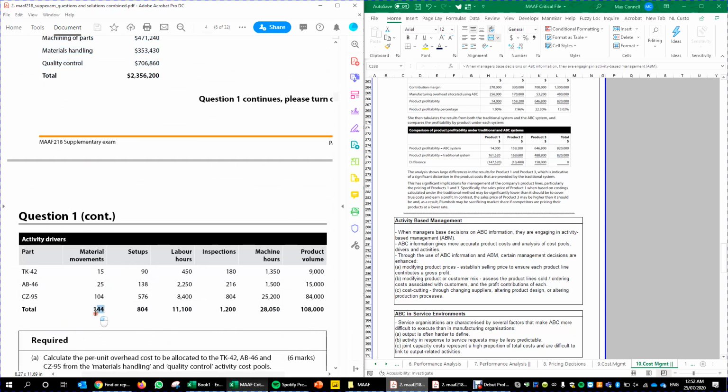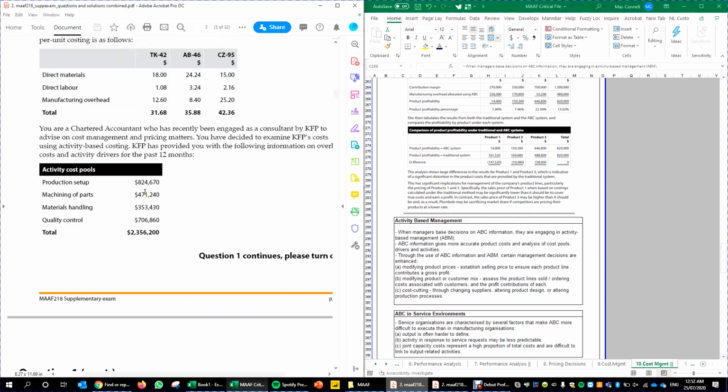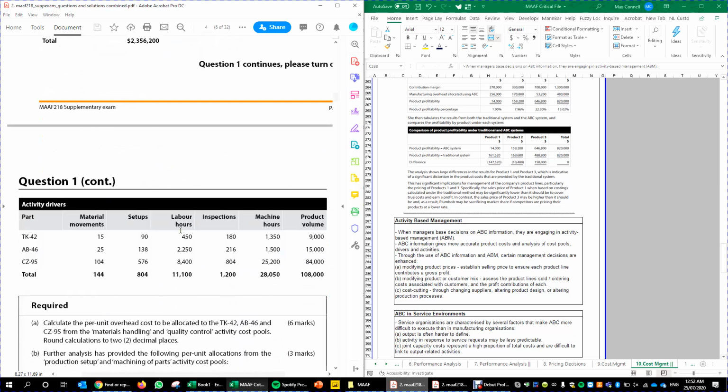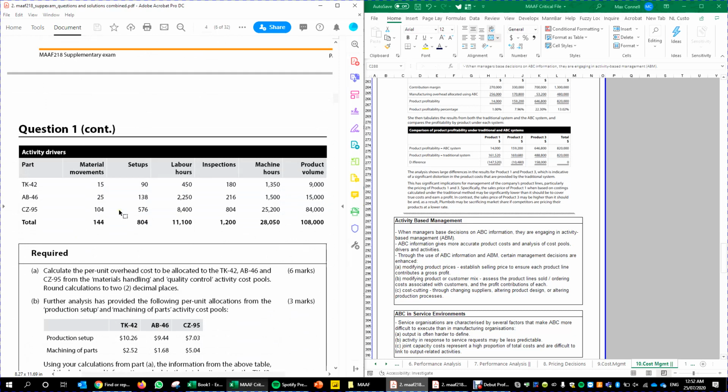There's only 144 of these, but there's 353,000 in costs, which means that on a per unit basis, this is actually very high. So the questions could be, can we get rid of this? Can we cut this down? Why is it so high to begin with? Should it be so high? Things like that. So that's how you answer that one.